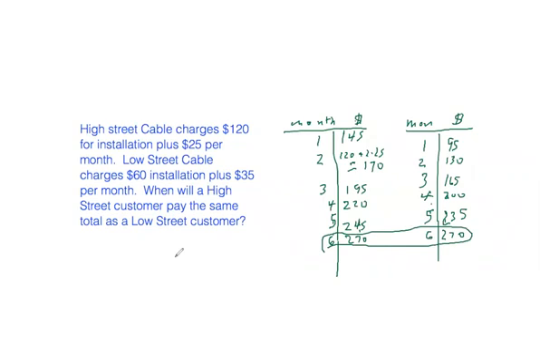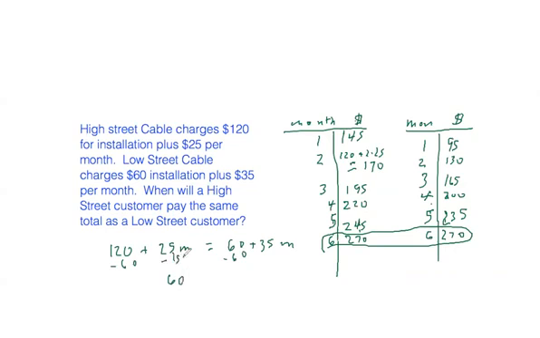Now, how else could we have done this? Could we have worked it with algebra? Well, we could have said 120 plus 25 times the month number equals 60 plus 35 times the month number. And then solving this equation, I'd subtract 60 from here and get 60.